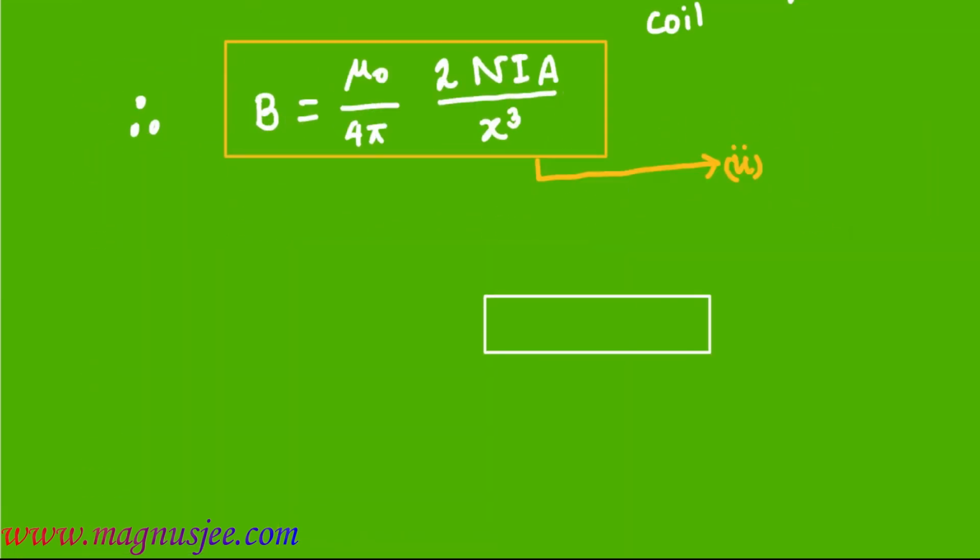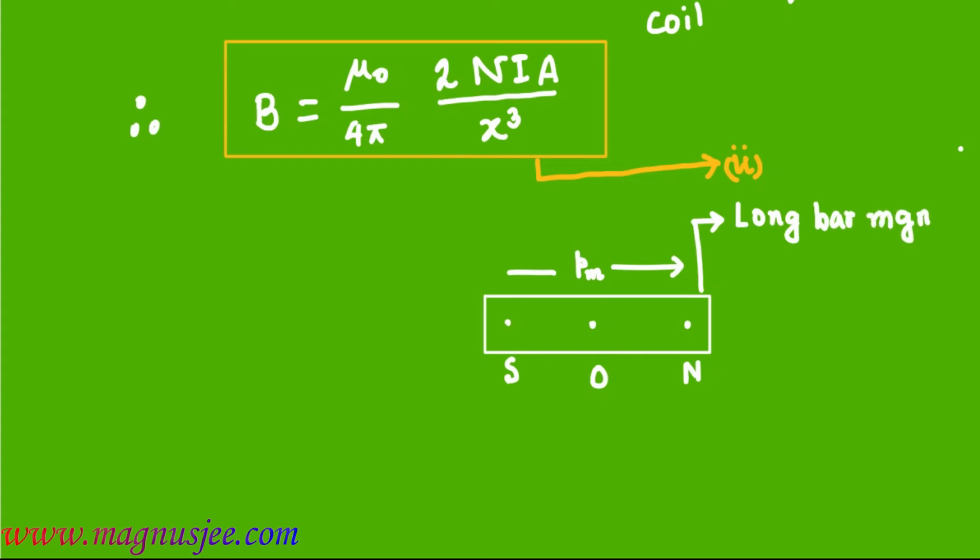We can draw a magnetic dipole or very long magnetic bar having north pole and south pole. O is the midpoint of this long magnetic bar. Magnetic dipole moment Pm acts from south pole to north pole, and this is the long bar magnet or dipole.